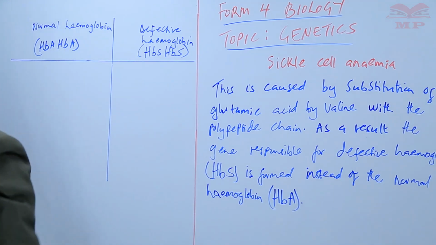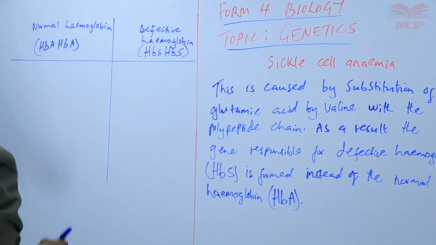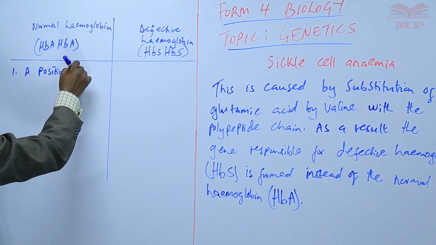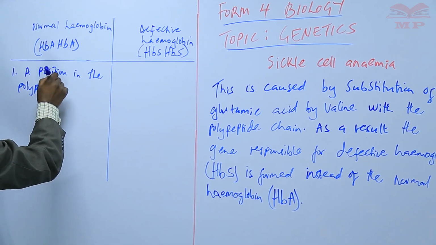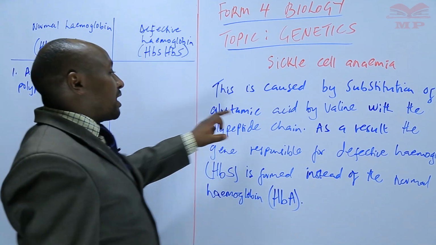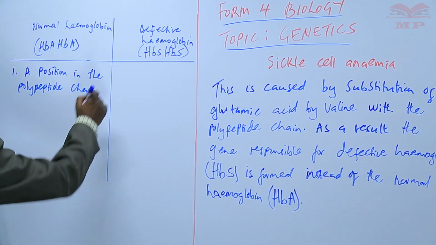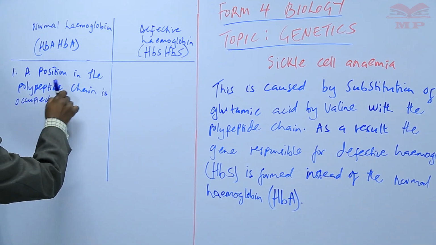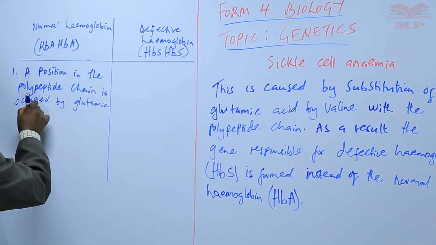In the case of the normal hemoglobin, a position in the polypeptide chain is occupied by glutamic acid, an amino acid.